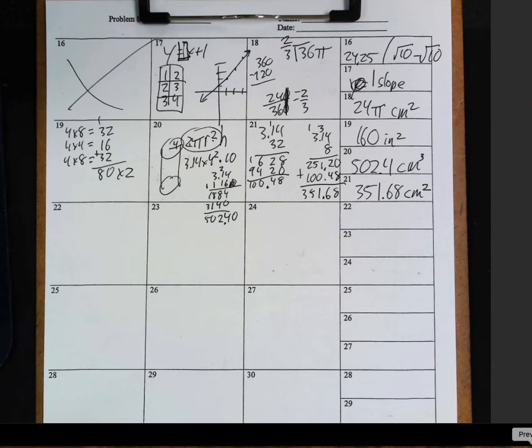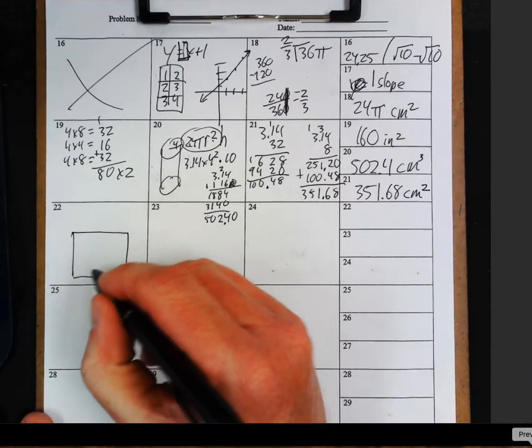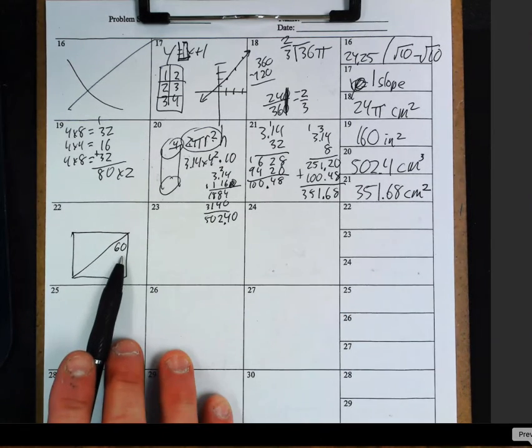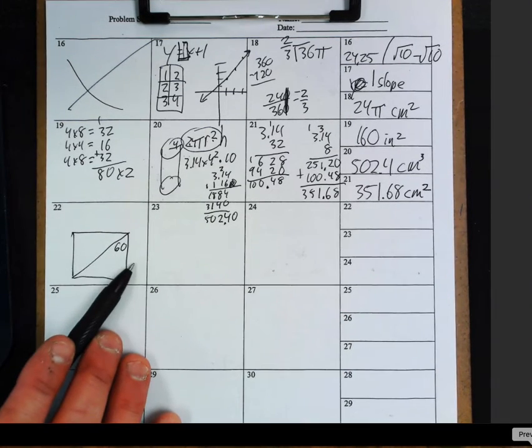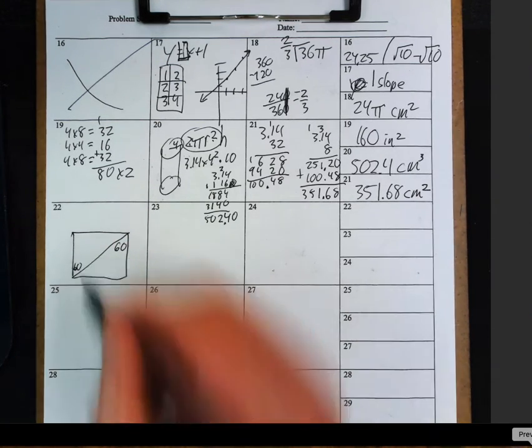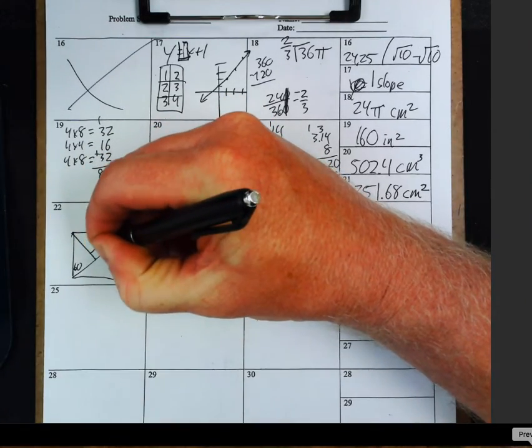Number 22. The polygon ABCD is a rectangle. Find the measurement of x. Okay, they gave me 60. If it's 60 down here, it's also 60 there. They dropped this guy right here, and they said this is a right angle.